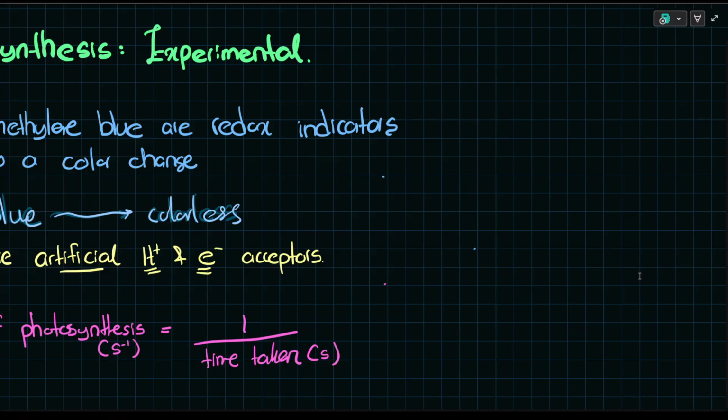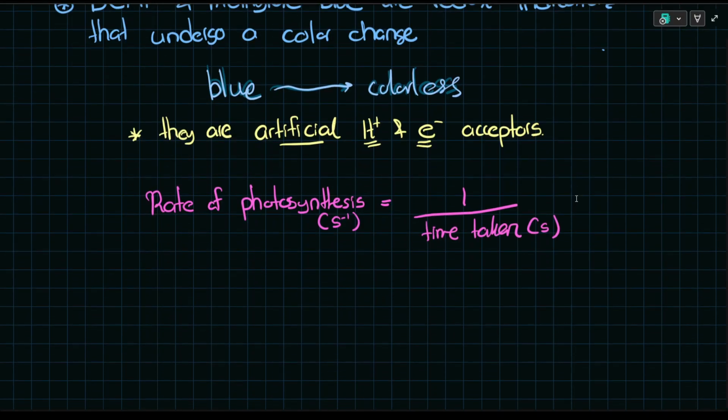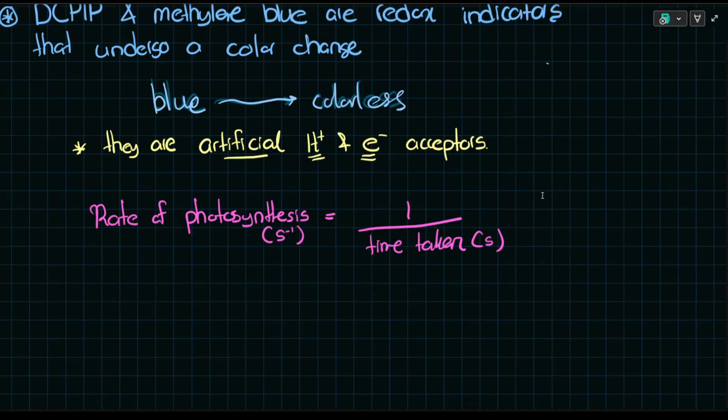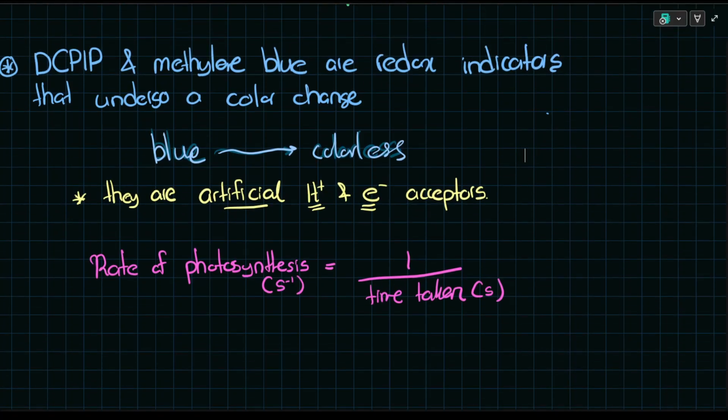How does that happen? 1 over seconds: the s should go up, it is to the power 1, and when it goes up it becomes s with a negative 1. The rate of photosynthesis is equivalent to 1 over time taken. Now, I will give you a small explanation that will help with this artificial H plus accepting thing.